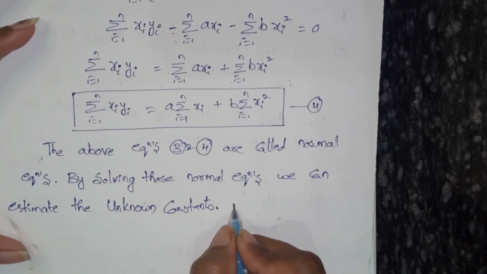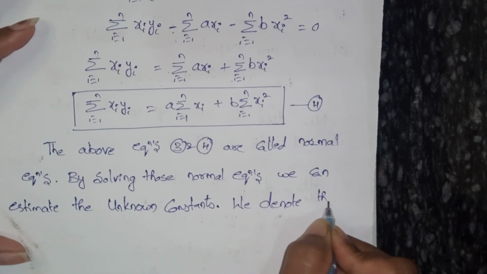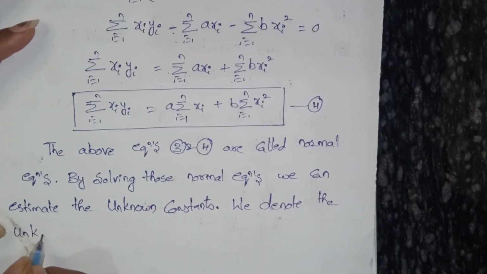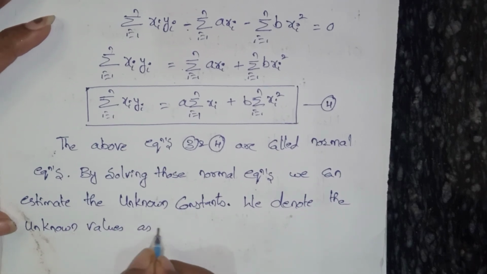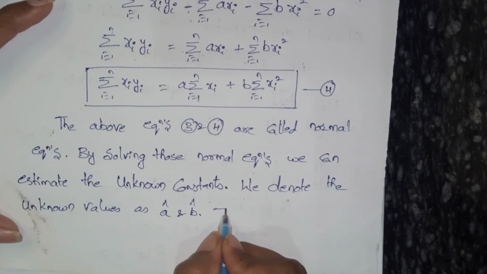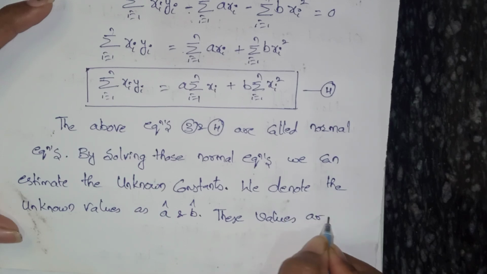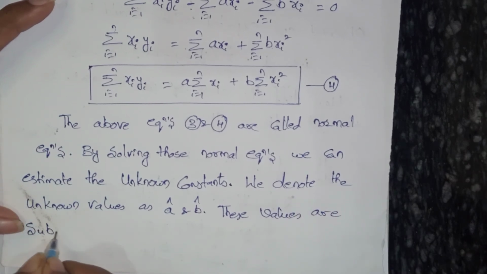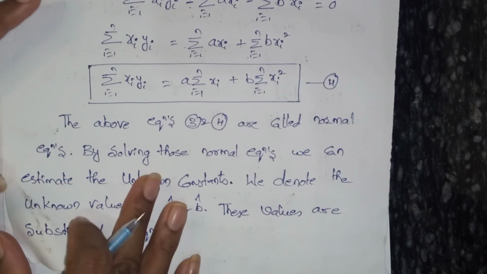We denote the unknown values as a cap and b cap. These values are substituted in equation 1. What is equation 1?